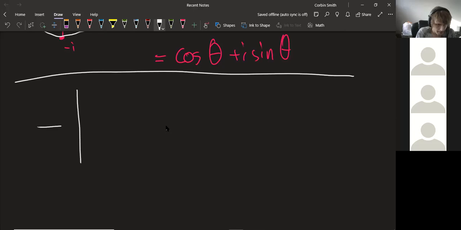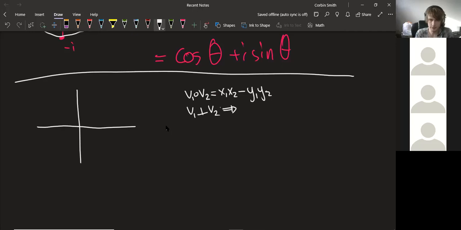So if we take our usual coordinate xy plane, but we define a new dot product called a Lorentz, or sometimes a Minkowski product, depending on who you're talking to, where we say that V1 is perpendicular to V2 if and only if V1 Lorentz dot V2 is equal to 0. If we dot a variable vector with itself and set it equal to a constant, that is the definition of a circle. So we get this.